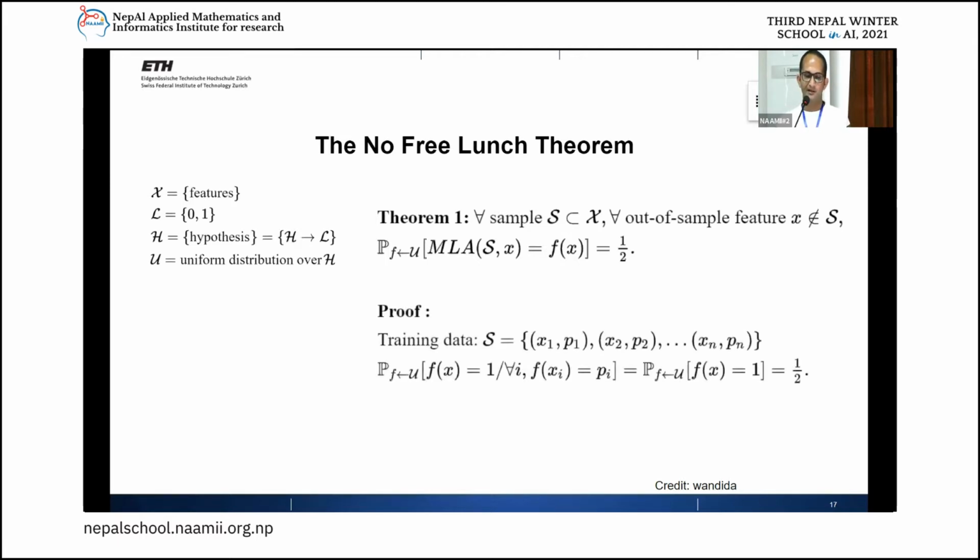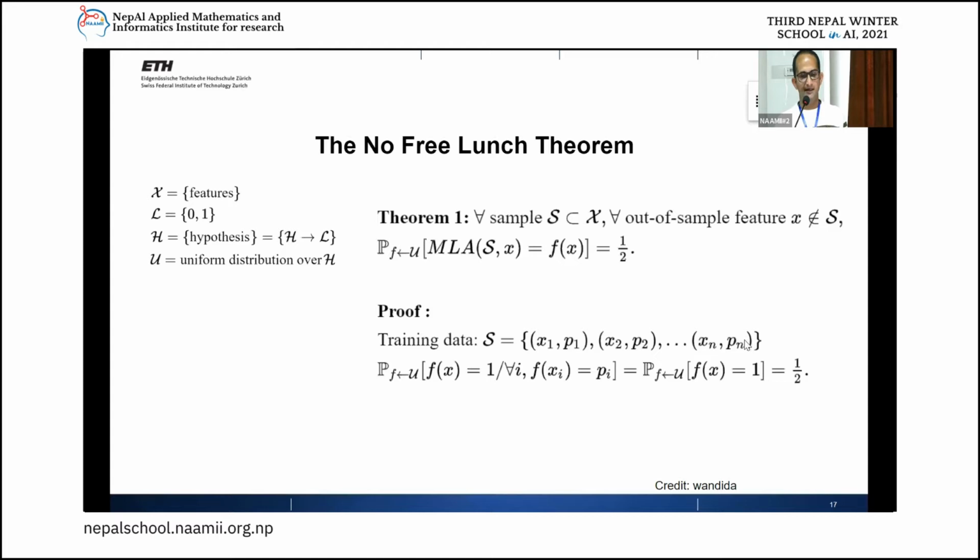So the proof is just 2 lines, which is just a mathematical way of writing something very obvious. All he's saying is that if you are given training data, X1 and P1, where P1 is 0 or 1, the probability of being head or tail, let's say, of a binary class, for data point X1, the pairing given to you is data, label, data, label, data, label.